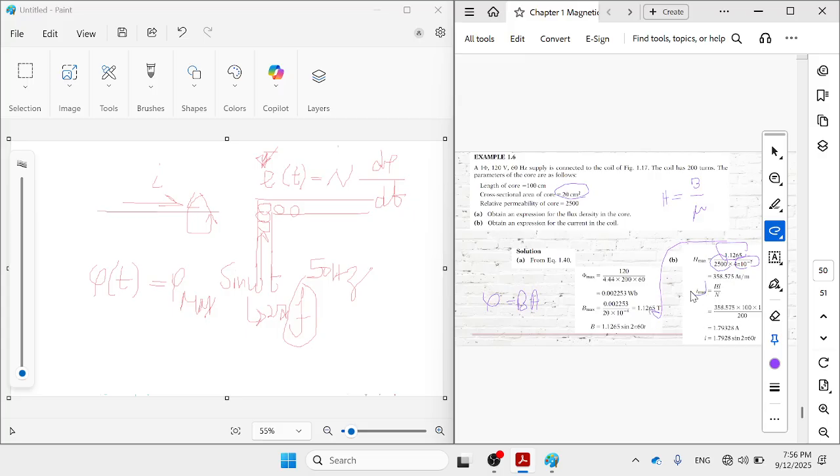Then I max can be calculated from the MMF formula. In the MMF formula, it's HL equals Ni. So the values are considered here. And then you can see again current and V are in the same phase.